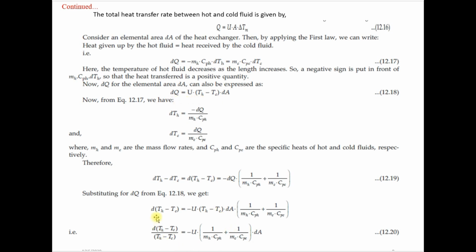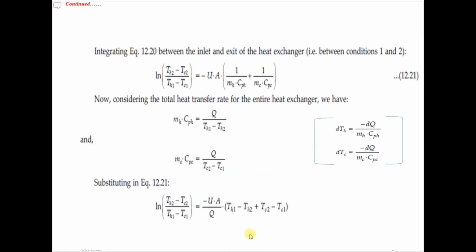The equation becomes d(Th - Tc) = -U (Th - Tc) dA (1/(mh cph) + 1/(mc cpc)). Now they have rewritten this equation as d(Th - Tc) / (Th - Tc) = -U (1/(mh cph) + 1/(mc cpc)) dA.